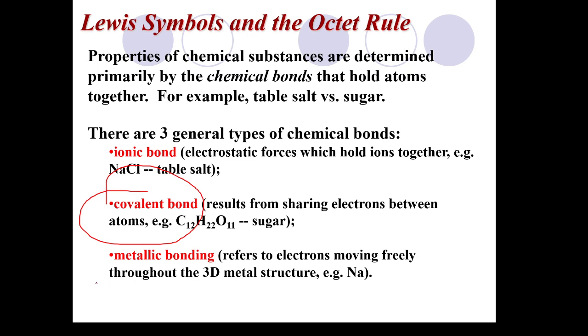I'm not even going to discuss them. We're going to focus on essentially covalent bonds where we're going to share electrons between two or more atoms. So in order to do that, we have to understand how many electrons carbon has the ability of sharing. That's where we are essentially going to start.